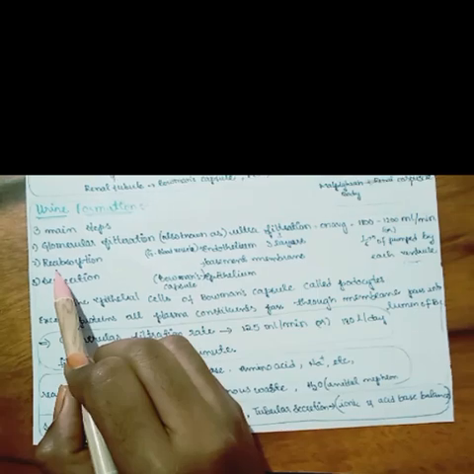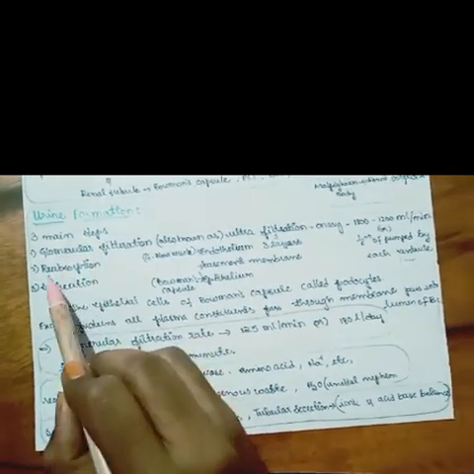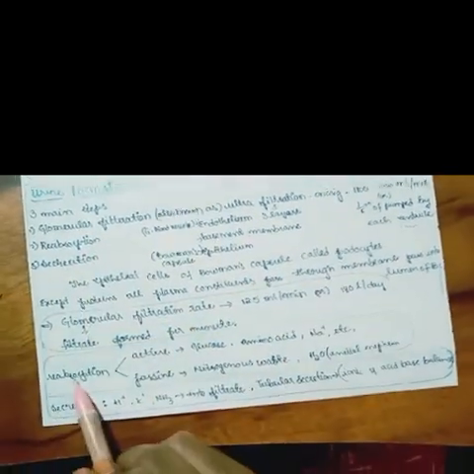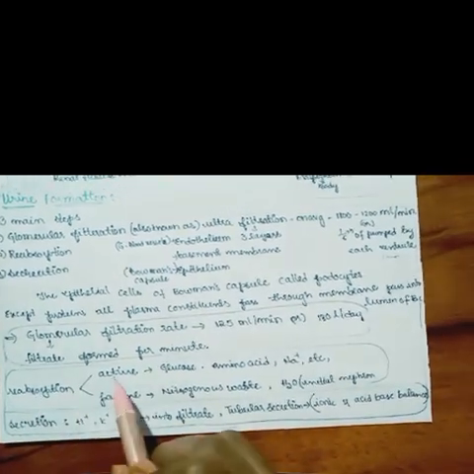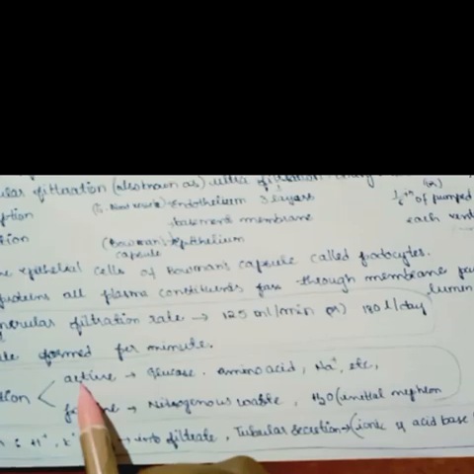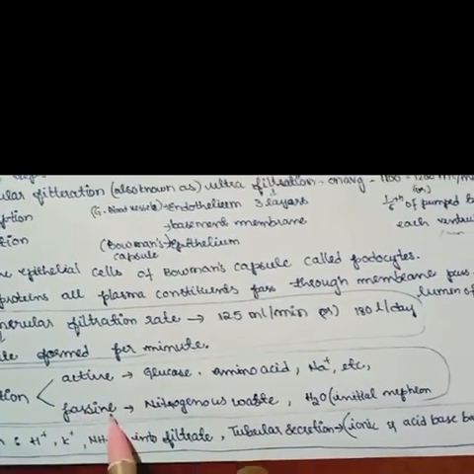The main functions after glomerular filtration are reabsorption and secretion. Reabsorption is of two types, active and passive.